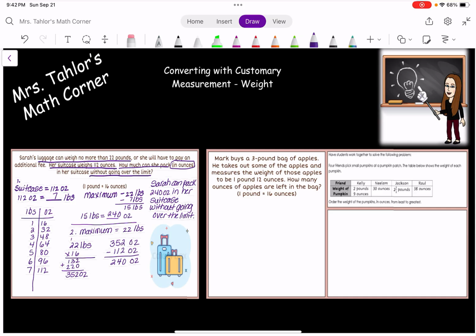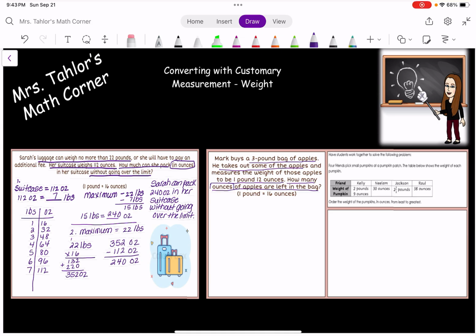Well, I notice that Mark has bought a 3-pound bag of apples. He takes out some of those apples, and the weight of the apples that have been removed is 1 pound 12 ounces. The question we're answering is how many ounces of apples are left in the bag, and we're looking for ounces.